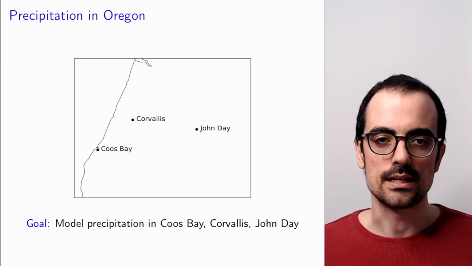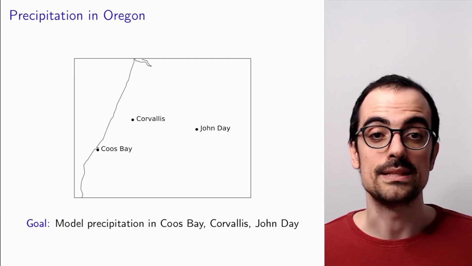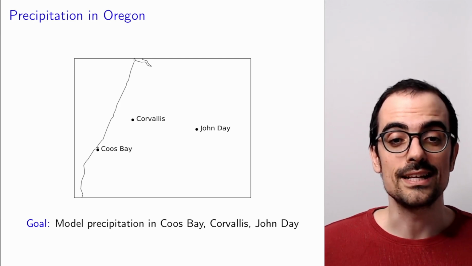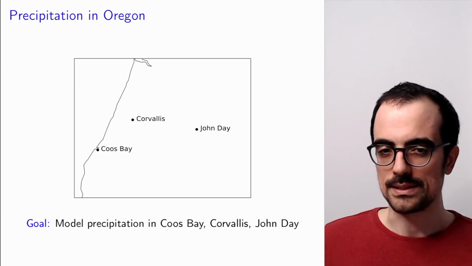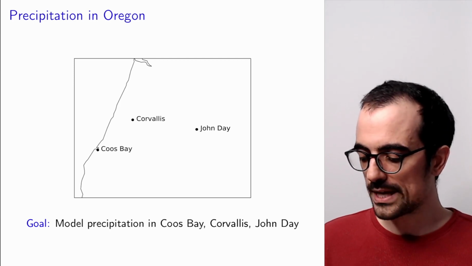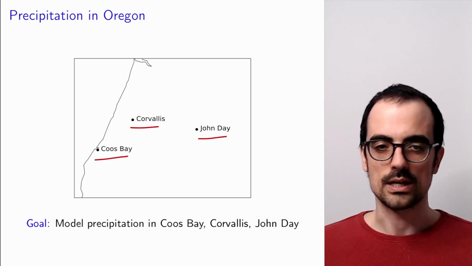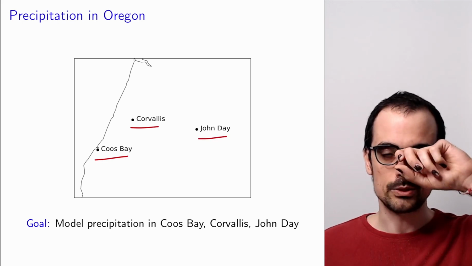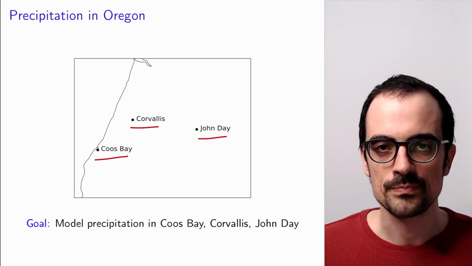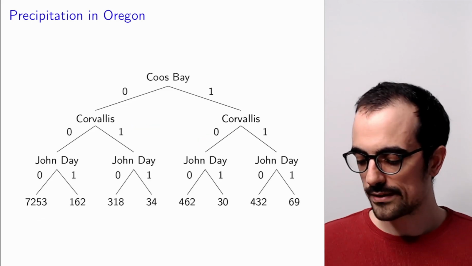Let's take a look at another example where we're modeling precipitation in Oregon. We're interested in the joint behavior of precipitation at 3 locations: Coos Bay, which is by the sea, Corvallis, and John Day. We want to model the interactions between precipitation in these places. The data looks like this.